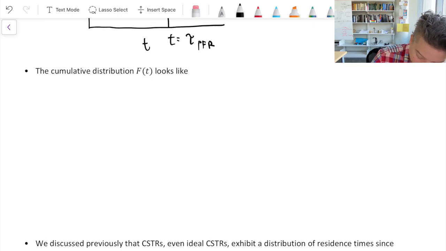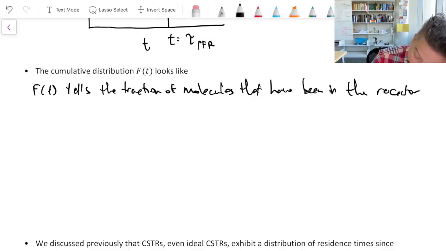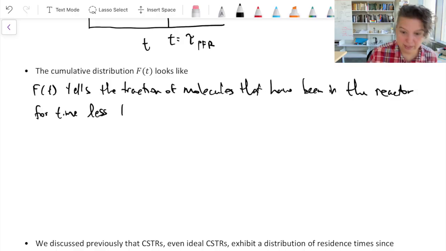We also said we could look at the cumulative distribution function. The cumulative distribution function tells us the fraction of molecules that have been in the reactor for time less than t.